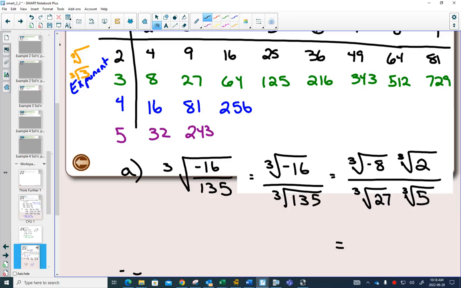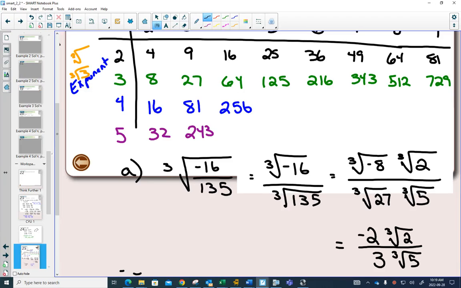The cube root of negative 8 is negative 2. Cube root of 2 over cube root of 27 is 3. Cube root of 5. So this would be simplifying it as a mixed radical. Now, for me personally, I don't mind it right now if you leave it like this.